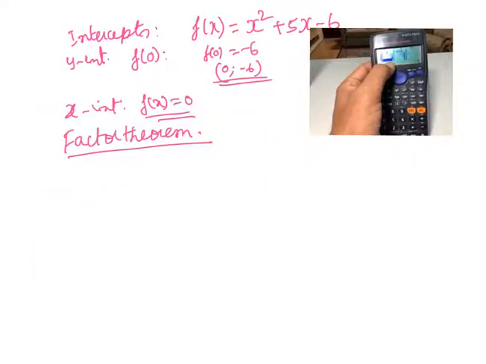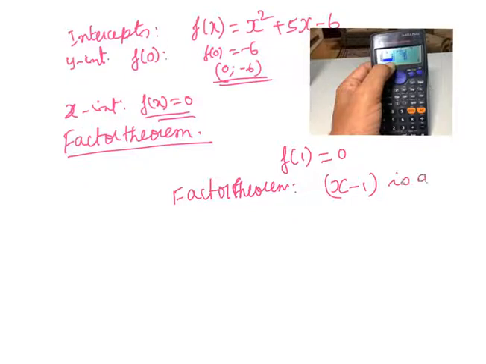From the calculator, we have seen f of 1 is equal to 0. Now what the factor theorem states is that when f of 1 is equal to 0, then x minus 1 is a factor of f of x.